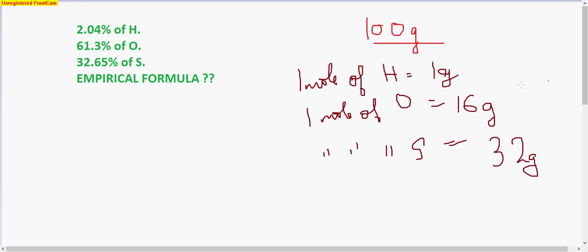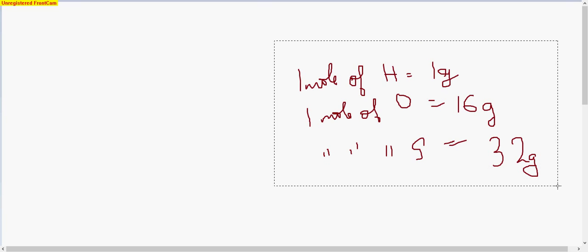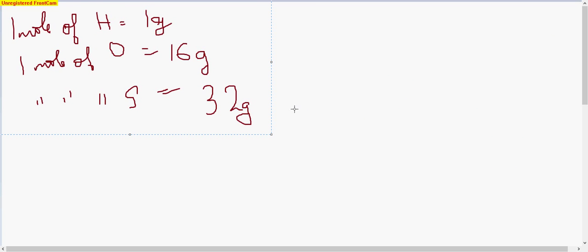Okay, we have this data over here. Now let me remove the question. Let me remove this. I need to place this over here. I'll do it in another color. Now number of moles in hydrogen.